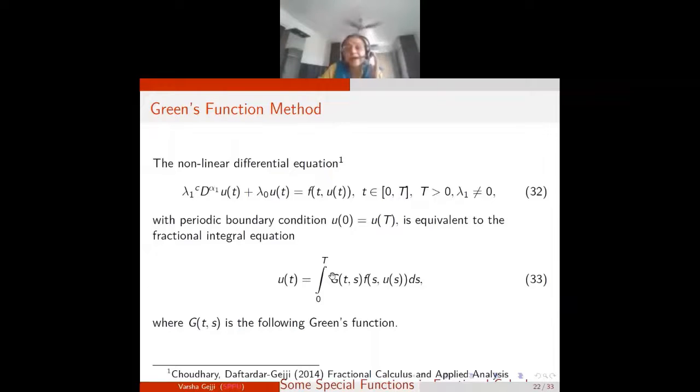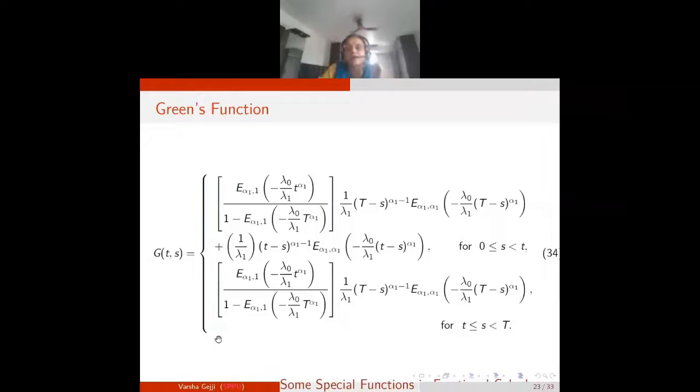Now its generalized form, one can show that this is the expression. You can see it is a little complicated, but the role played by the Mittag-Leffler function is very clear. So here the E alpha comma 1 comes, and here E alpha comma 1 alpha, alpha 1 comma alpha 1 and all that.